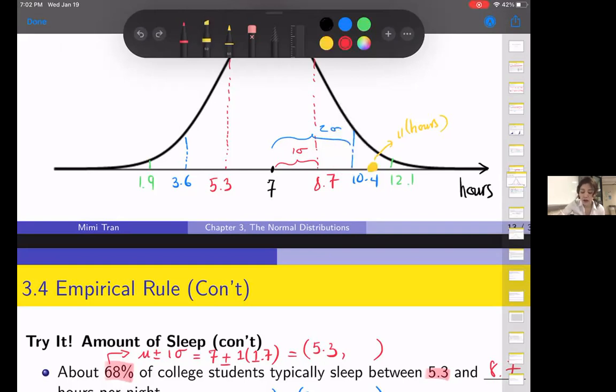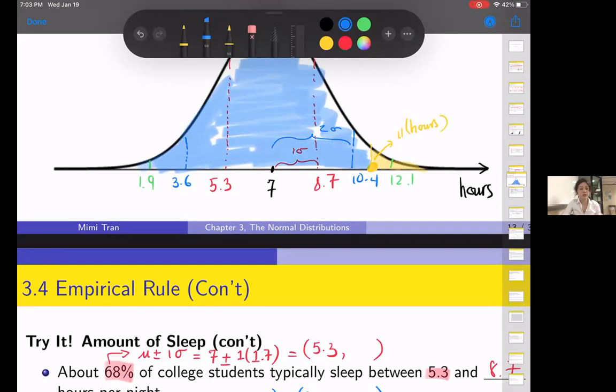So you calculate the standard deviation at 11 hours, and I ask you, can you tell me what is this tiny little area here, from 11 hours to the right tail? Or I can ask you, what is the area from the left side all the way up to 11 hours, that in blue? How do I know how much area there is?